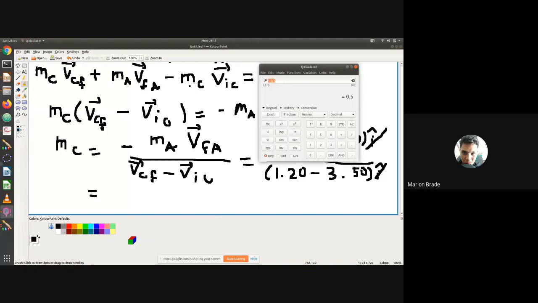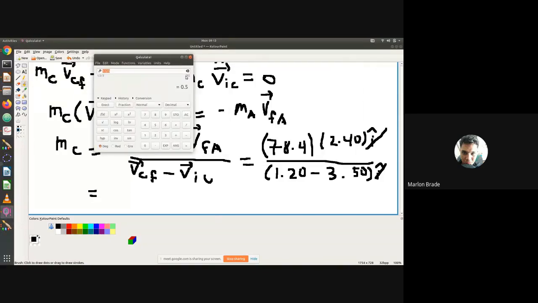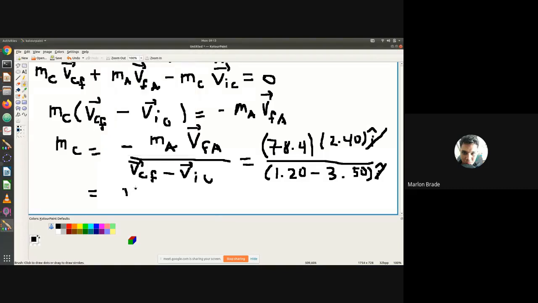So 78.4 times 2.40, let me compute the value. So this is 188.16, divided by, this is negative, right? So negative.